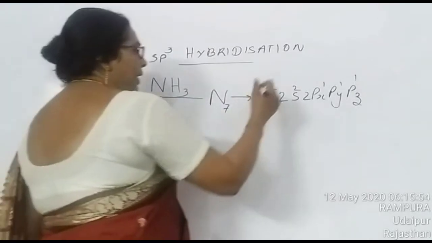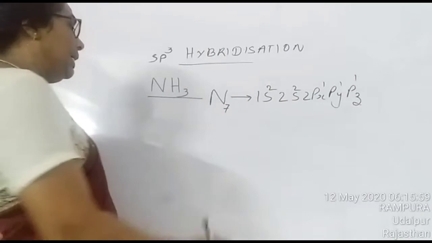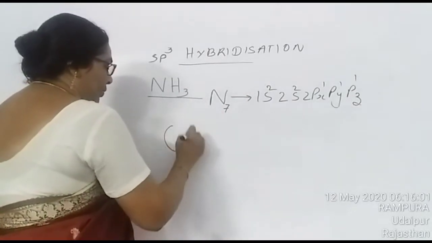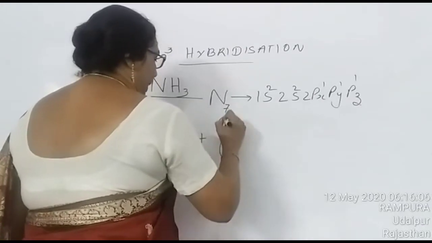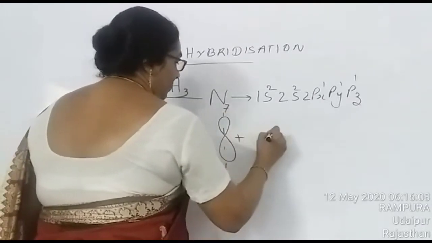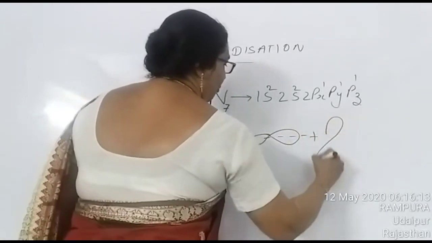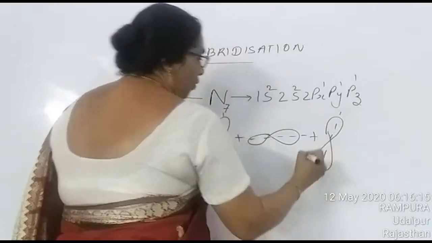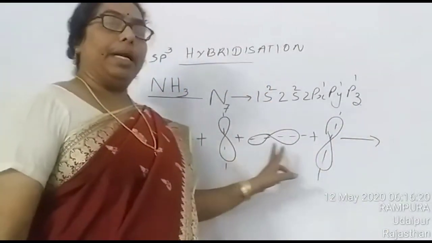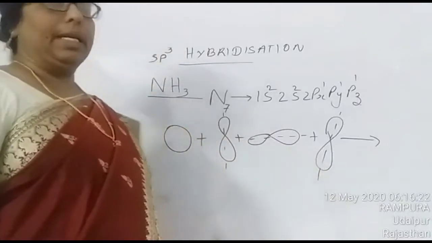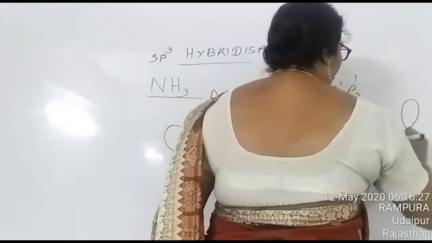Now here, the 2s orbital undergoes hybridization with 3 p orbitals and results in the formation of 4 sp3 hybrid orbitals.